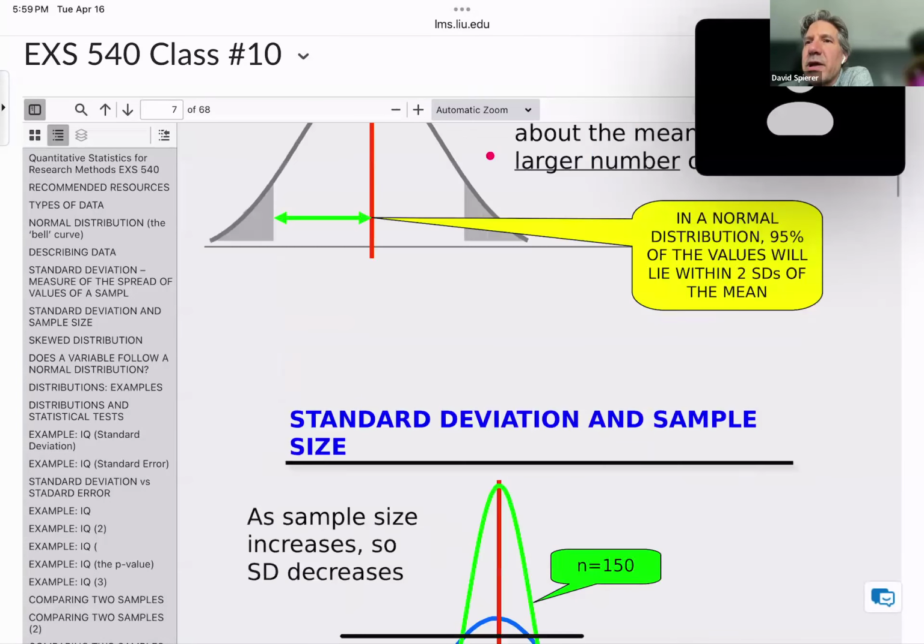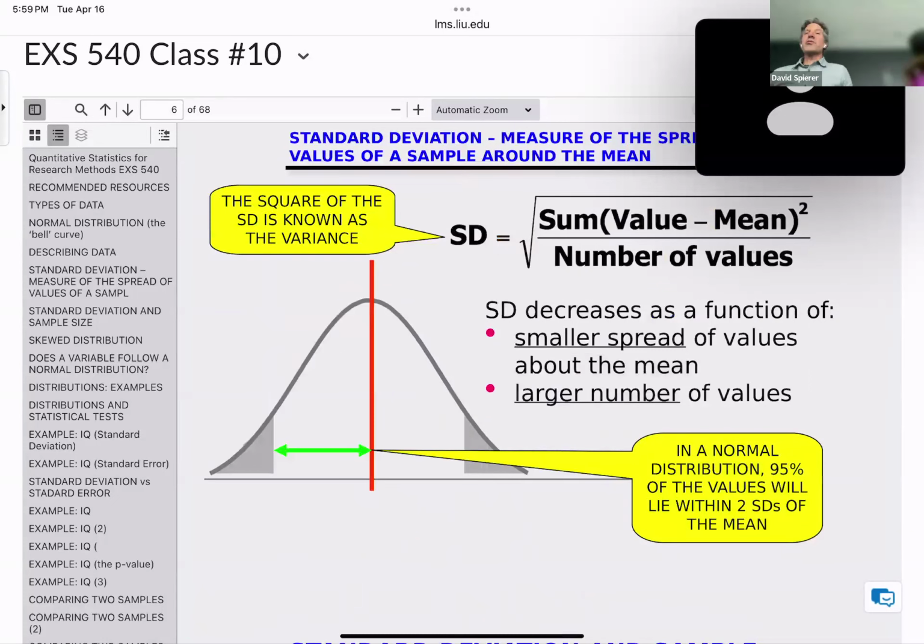When we're going to look at standard deviation and where either IQ scores fall or where strength numbers fall, doesn't matter. As researchers, we basically want to say, look, we predict that all of the values that we measure will fall within 95% of 2 standard deviations of the measurement.